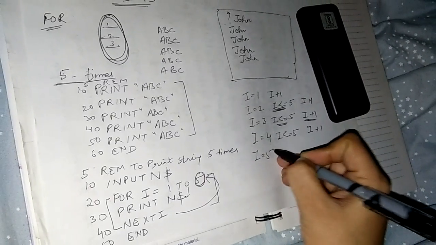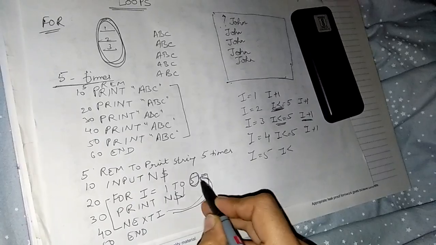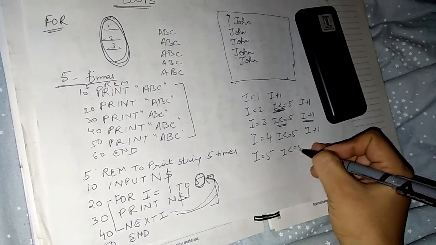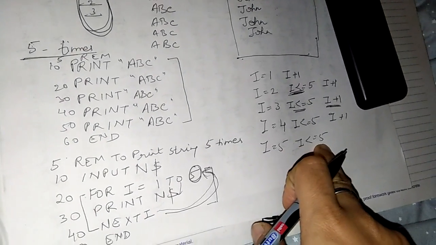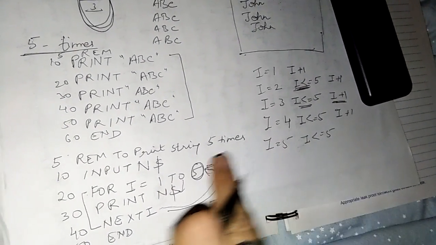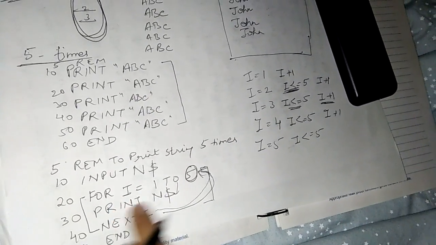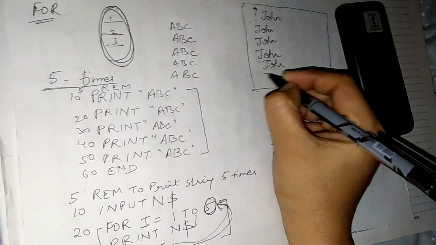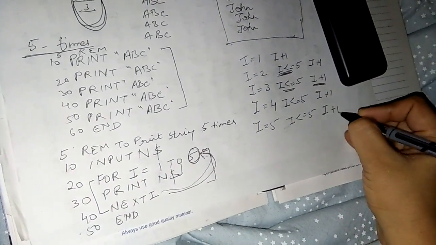Now I becomes 5. Now again it will go back and check whether I is less than or equal to 5. Now it is not less, but it is equal to 5. Again it is true, so the print statement will be executed. John will be printed, and next time I is increased by 1.